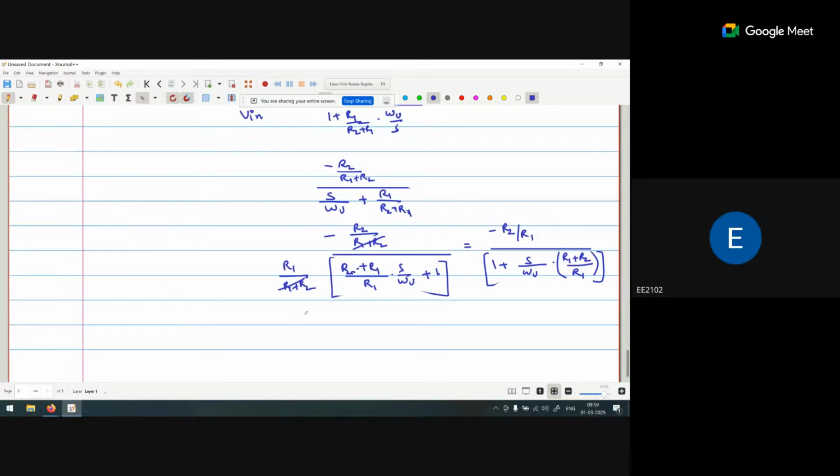Okay. What is the DC gain? Minus R2 by R1. Okay. And bandwidth?